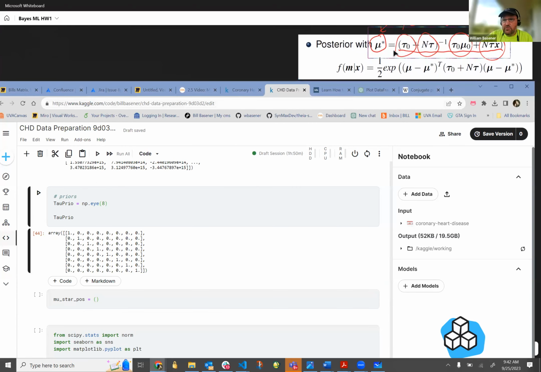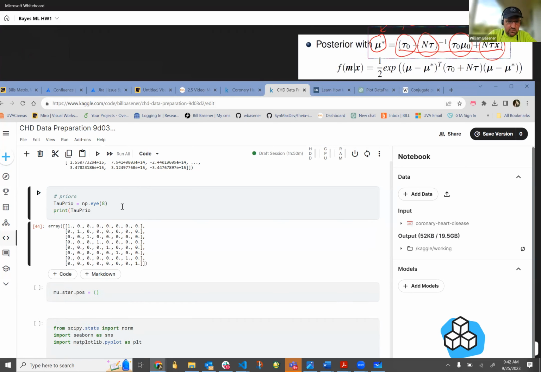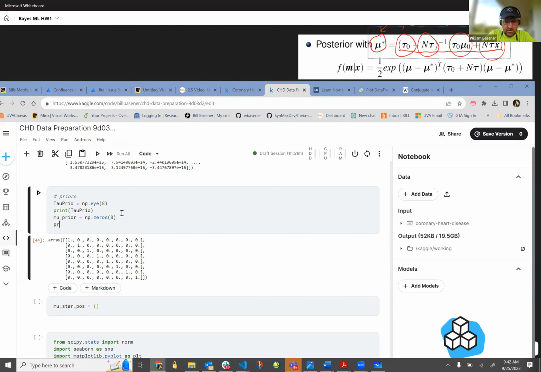So we want to build this. That's tau naught, and we probably need a mu naught. So there's our tau prior and our mu prior equals np.zeros, length 8, and print mu prior.